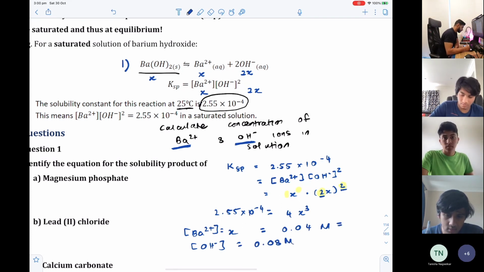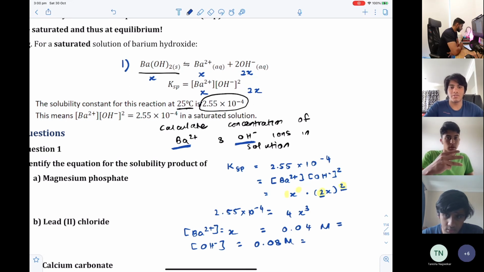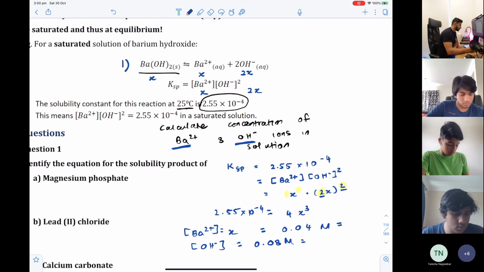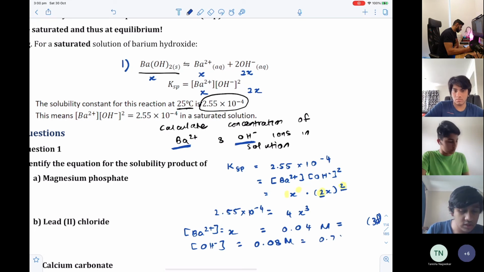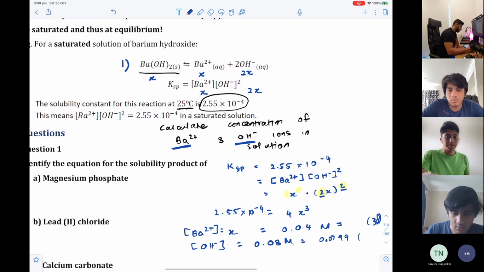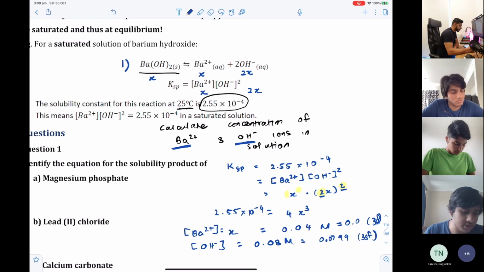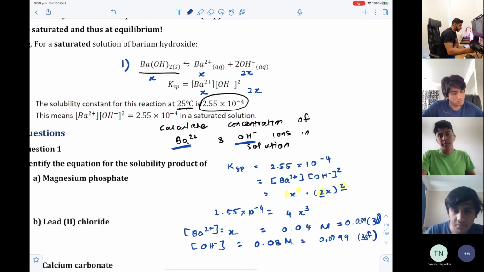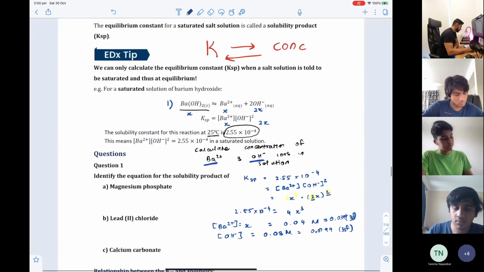How many sig figs would this be to? 3. Good. So if it was to 3 sig figs, does anyone have our answer to 3 sig figs? 0.0799. Good. And what about barium? 0.0399. Okay, good. All right, let's move on.